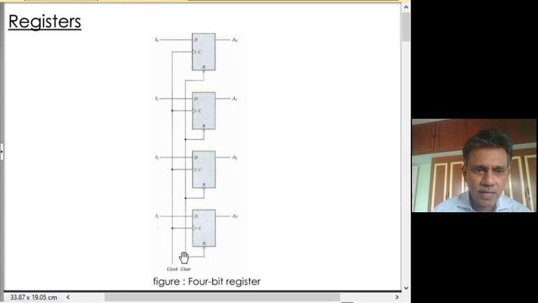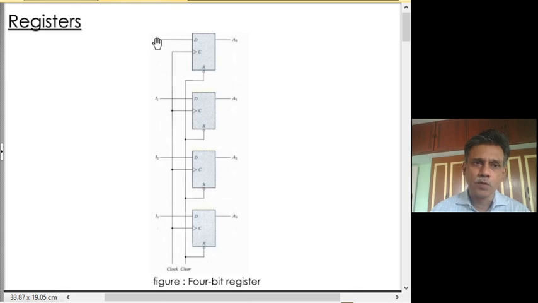You can see that there is a common clock that goes to the clock input of all the flip-flops. There is also a clear bar, to be precise, signal which can be used to clear all the D flip-flops to begin with. So if you want to store 0000 in the 4-bit register, you can do so by sending a low pulse on the clear bar.